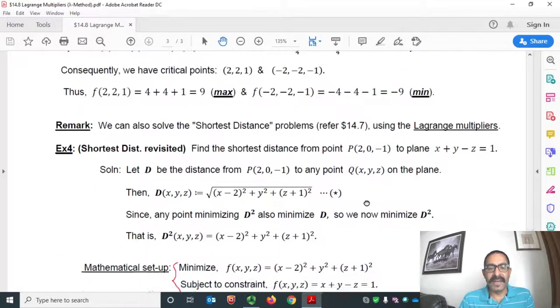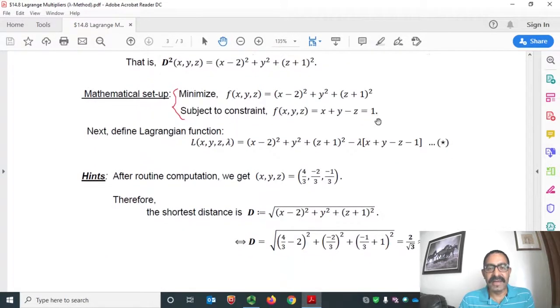Find Lx, find Ly, find Lz, find L lambda, set them equal to 0. Then we have 4 equations, that's the system, and find the values of x, y, and z. Solving that system, it gives us the point x, y, z, the critical point, 4/3, minus 2/3, minus 1/3.